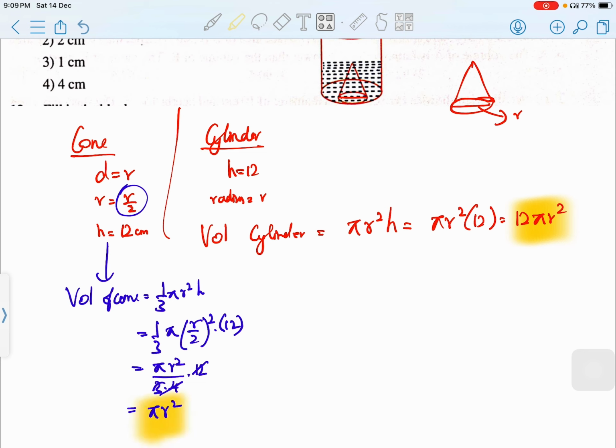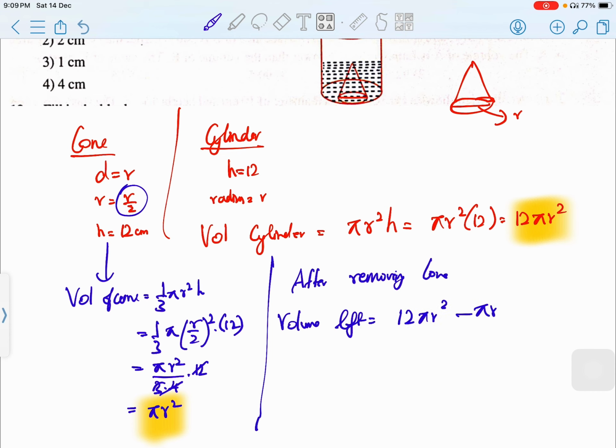Okay, so after removing the cone, the volume left will be, from 12 pi r square, you are removing pi r square, so it gives you 11 pi r square.